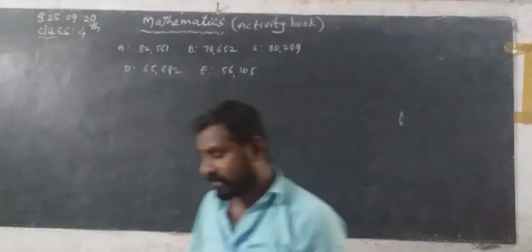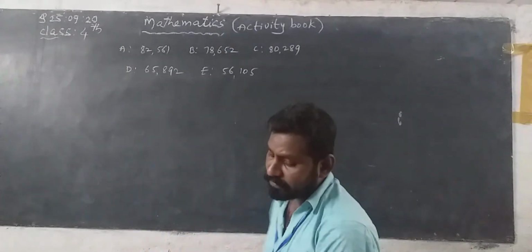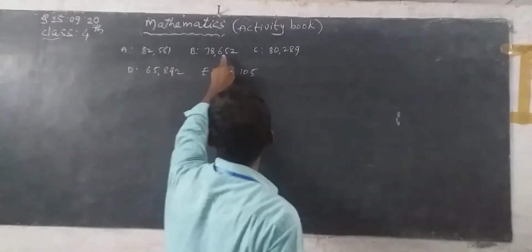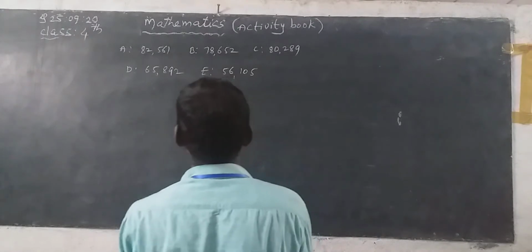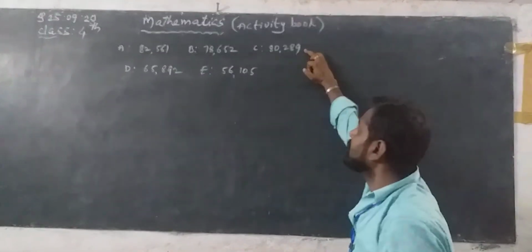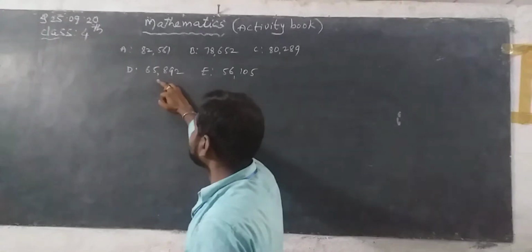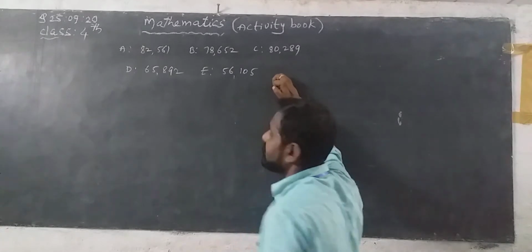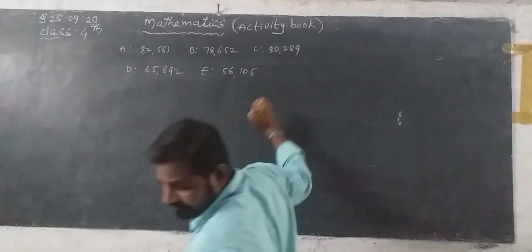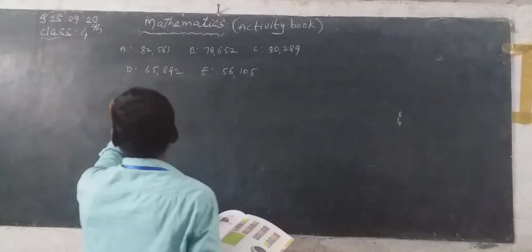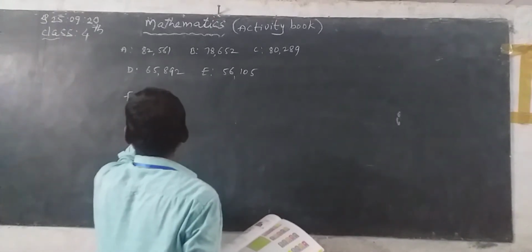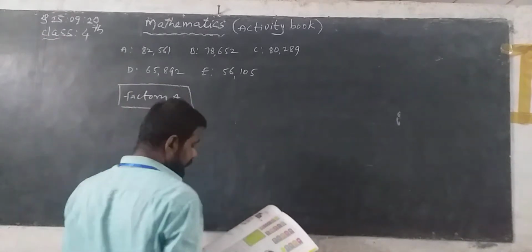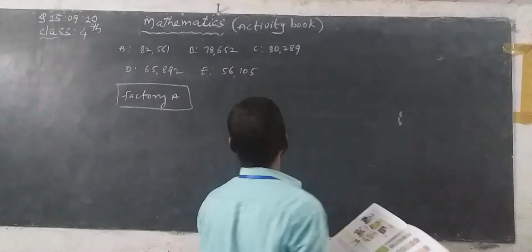Okay, see first one, which toy was produced the most? Which toy was produced most, in which factory? See here, 82,561, 78,652, 80,289, 65,892, 56,105. So Factory A. Answer is Factory A. Next, which toy was produced least?